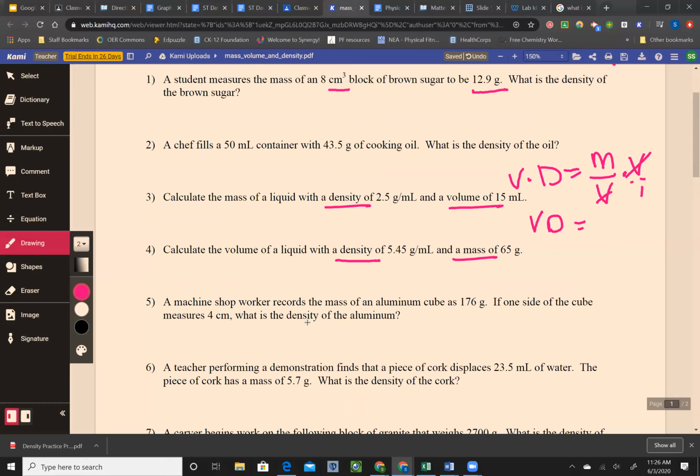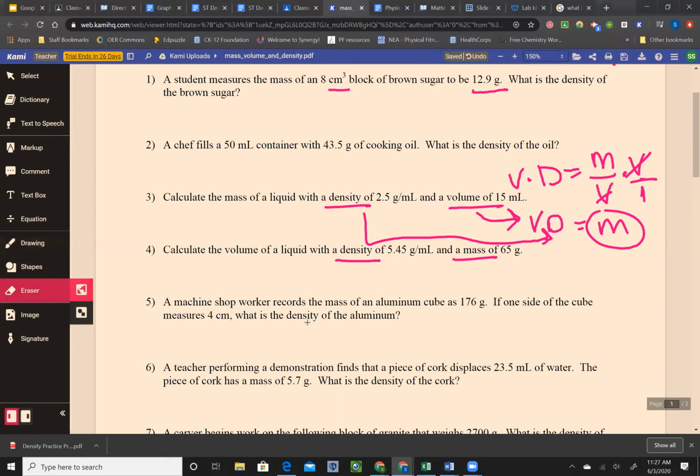It's like saying V over 1, actually, and becomes mass. And now you just plug in your volume and you plug in your density. And here you multiply the volume and the density, and that will give you the mass of the object. Okay? So you can go back through and watch that again if you need to.